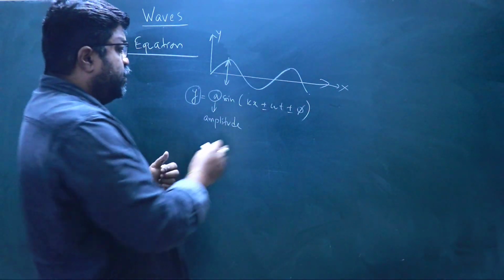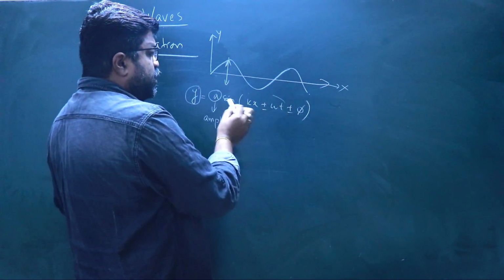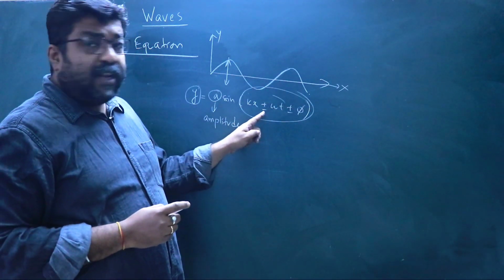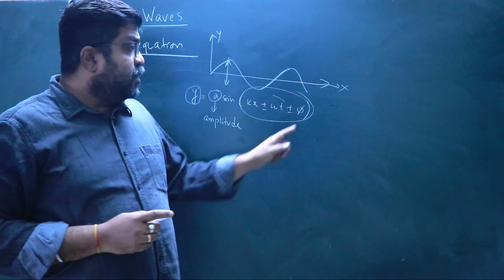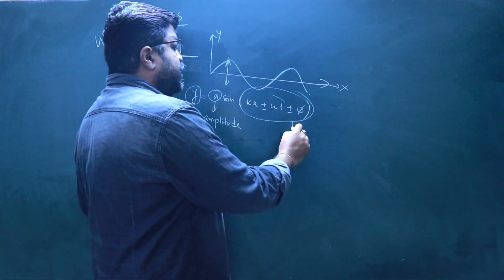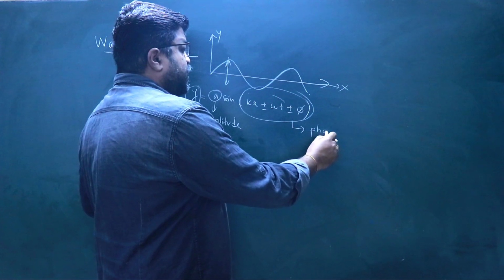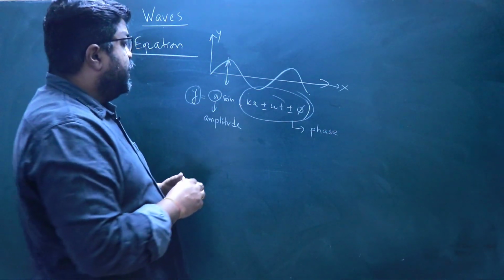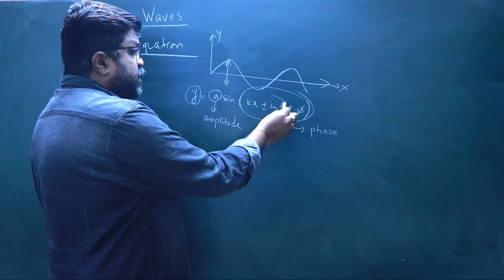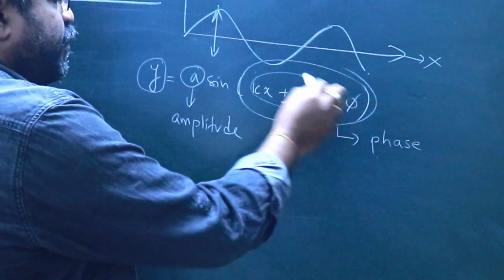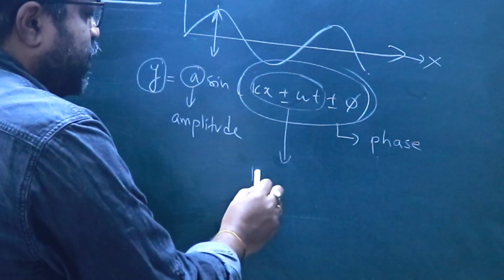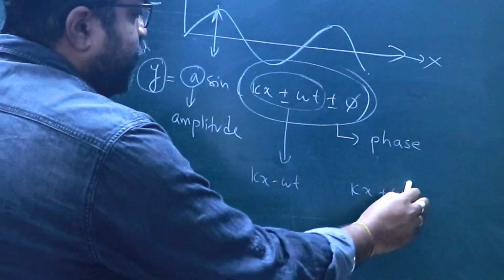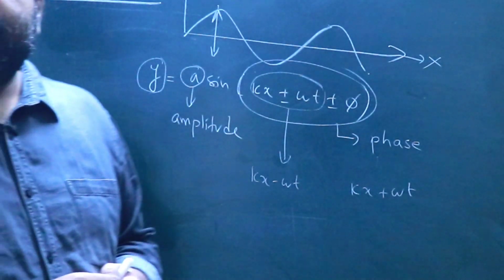Now here, the term sin(kx − ωt ± φ), here you can have plus or minus, but this entire term is called the phase. And this kx − ωt, I can write as kx − ωt, or I can have kx + ωt.